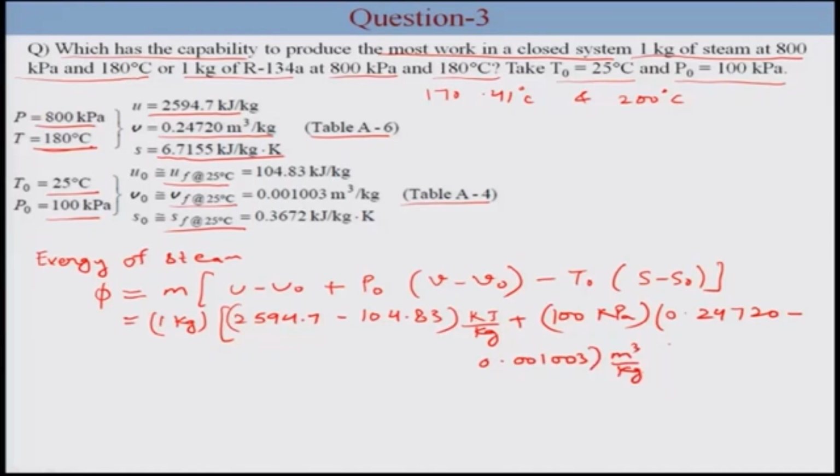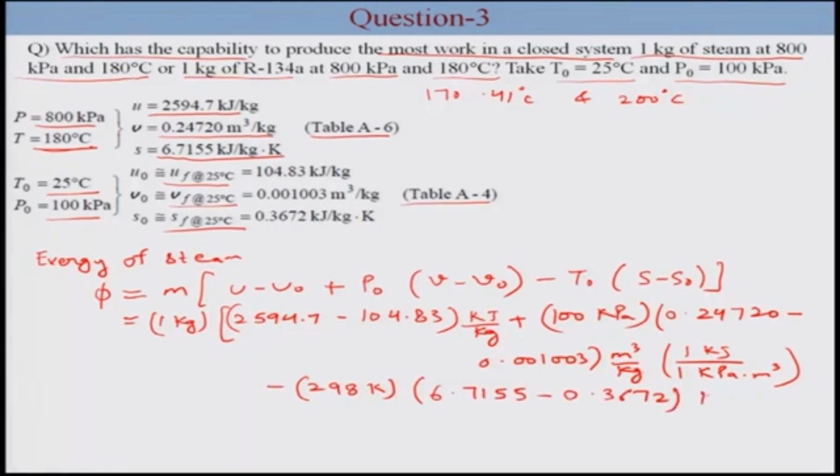Converting the units and making all the units consistent, 1 kilojoule is equal to 1 kilopascal meter cube. So this will make the units consistent. Minus T0, which is 298 Kelvin, multiplied by S minus S0, so S is 6.7155 minus S0, which is 0.3672, and this is kilojoule per kg Kelvin.